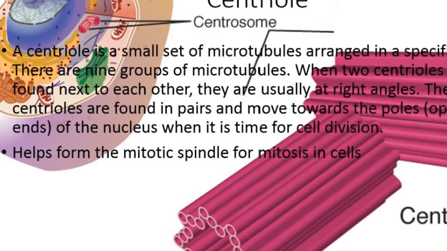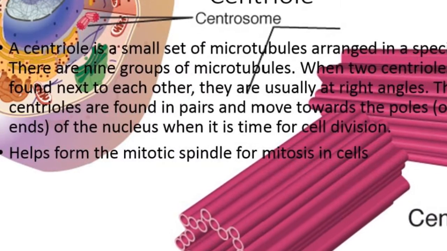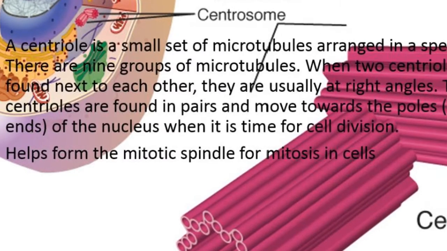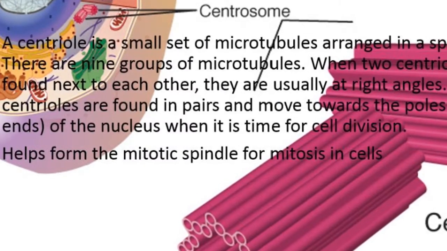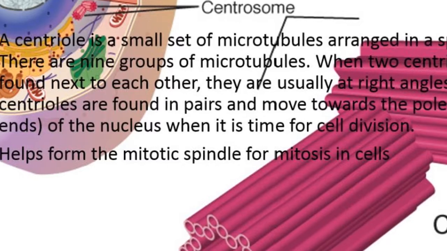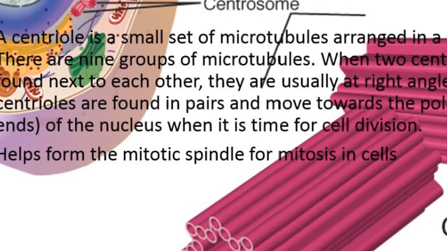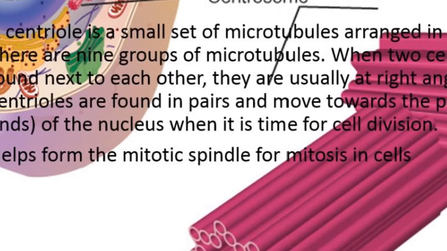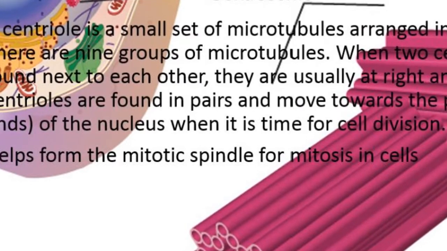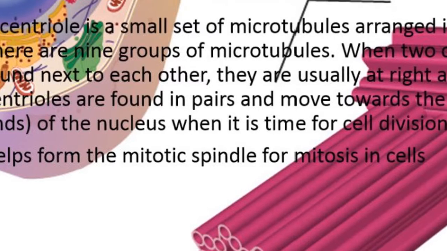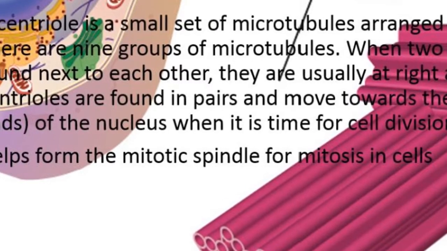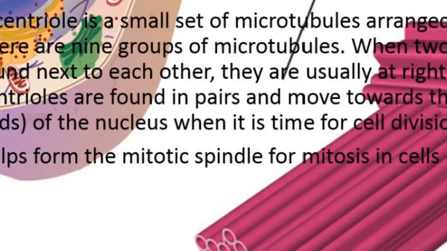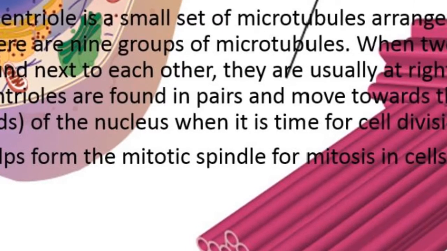The centrioles are found in pairs and move toward the poles, meaning opposite ends of the nucleus, when it is time for cell division. So the centriole mainly plays a really important role in cell division.